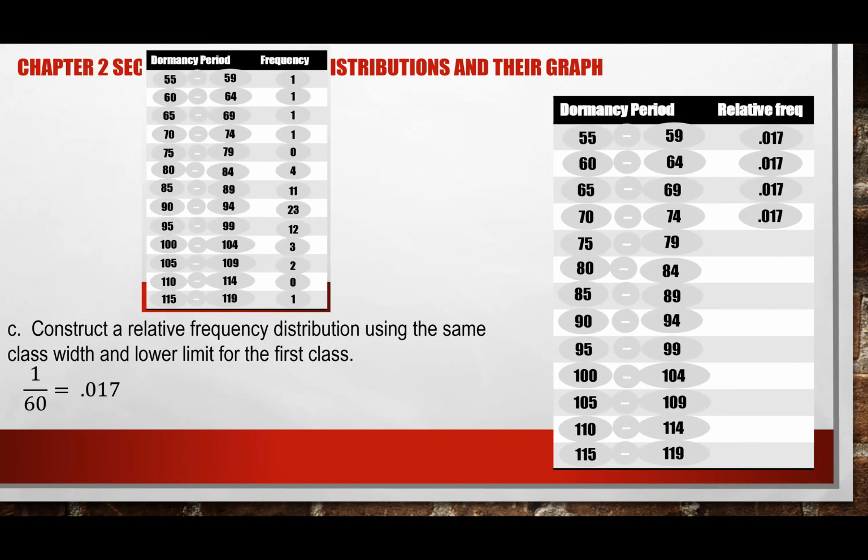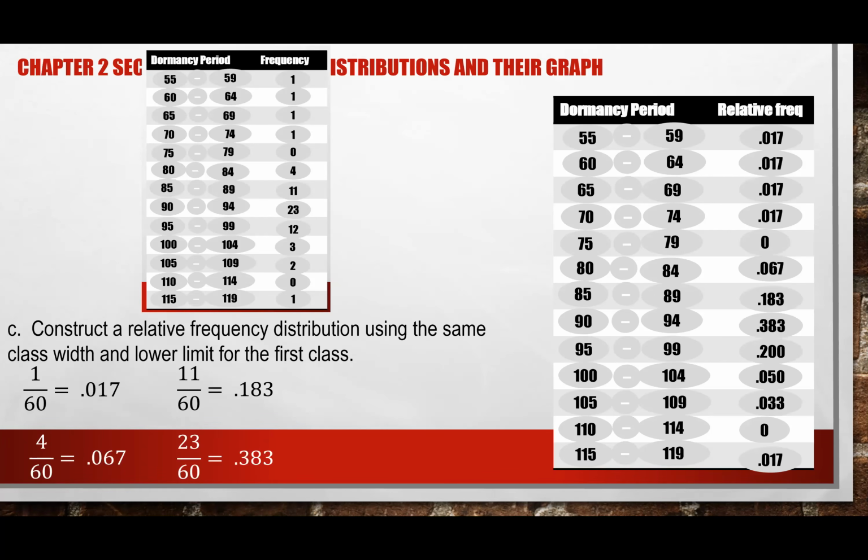We take 0, which is 0. We take 4 divided by 60 to give us 0.067, and so on, 11 divided by 60 and 23 divided by 60, and the rest of your frequencies. This is your relative frequency.